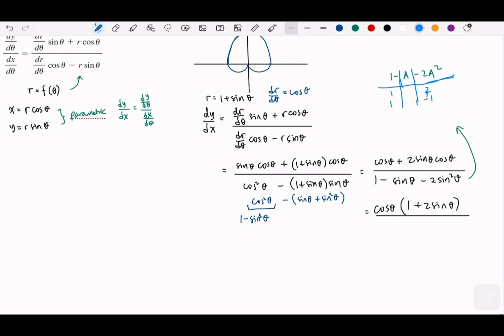Oh, it should be 1, negative 2. So if we cross multiply, this is okay. So this will be 1 plus sine and 1 minus 2 sine.